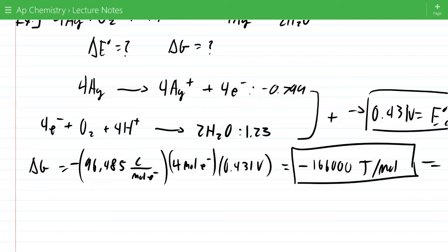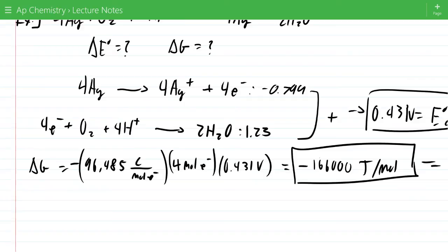Sometimes you'll see sodium metal. If you see a metal, most likely it's going to oxidize to its positive state. If you see a non-metal like chlorine, it's going to reduce to its anion. So anytime you see an element in its pure form, solid or liquid or gas, you should think, uh-oh, something's going to get oxidized or reduced.